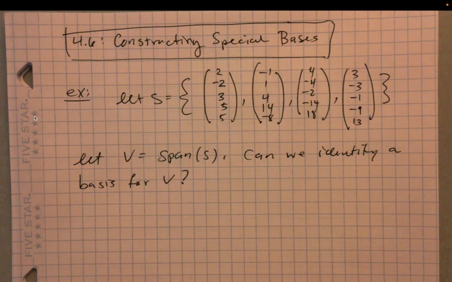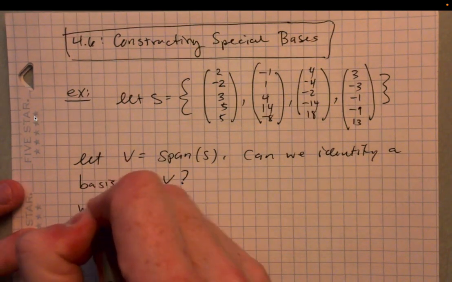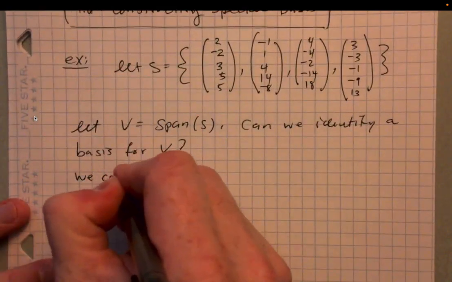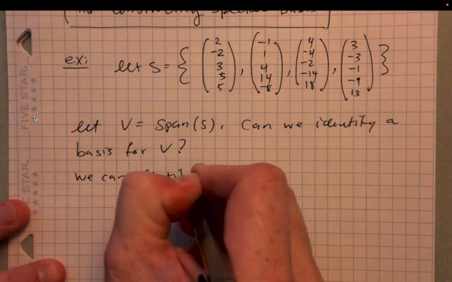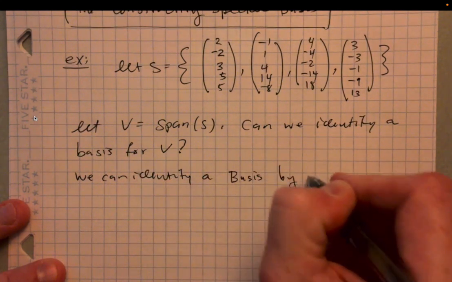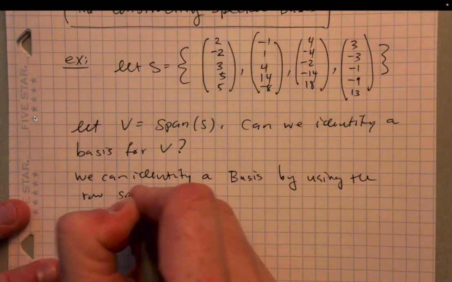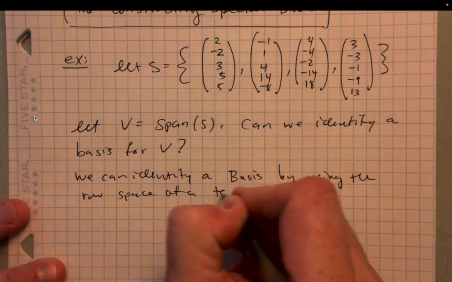But one quick way to identify a basis, given a set of vectors and a vector space equal to their span, is to use the row space of a test matrix. So we can identify a basis by using the row space of a test matrix.